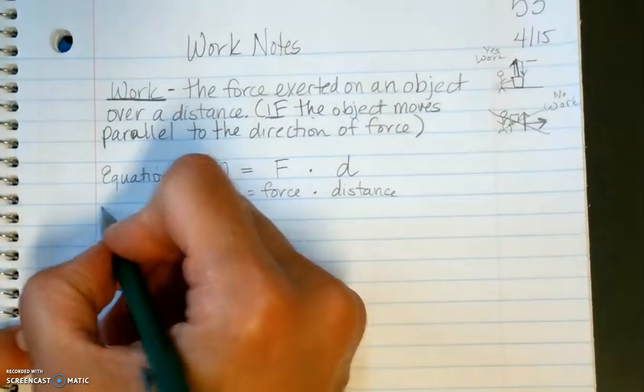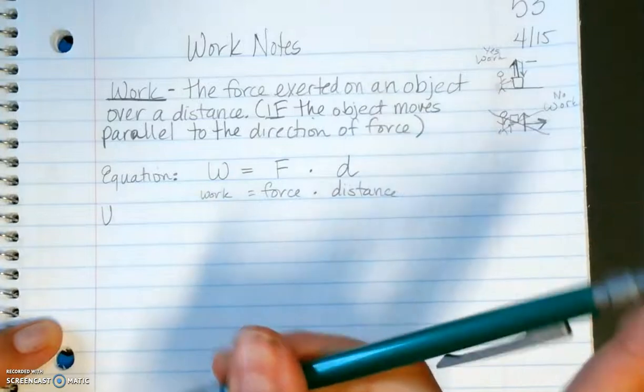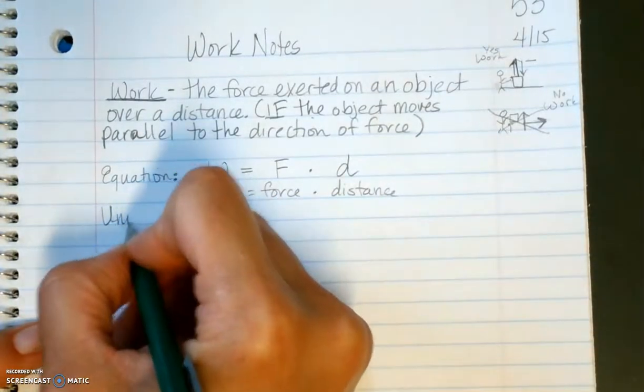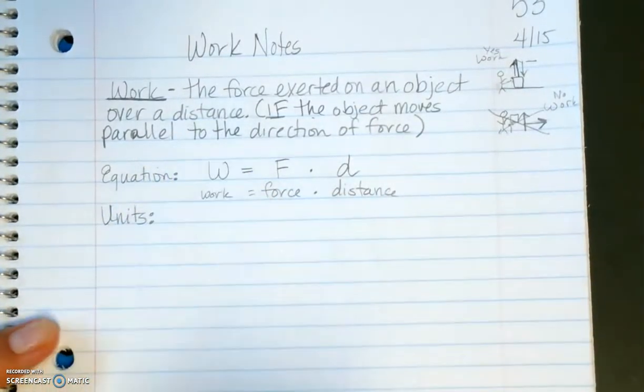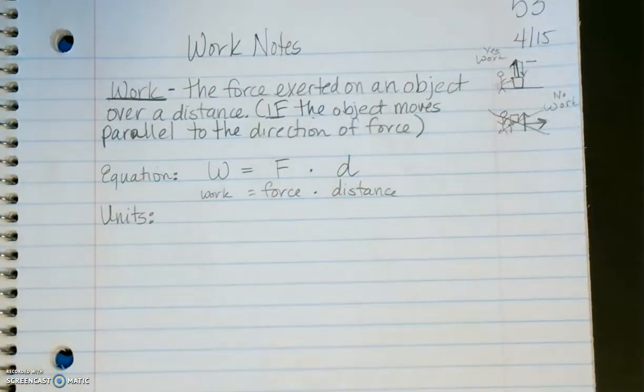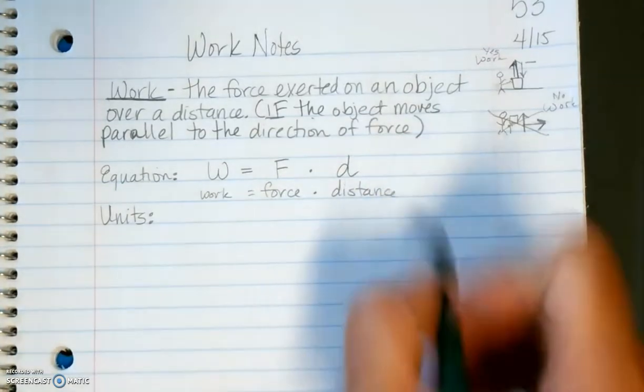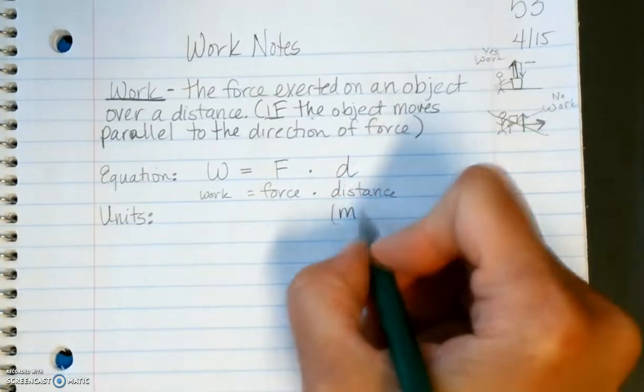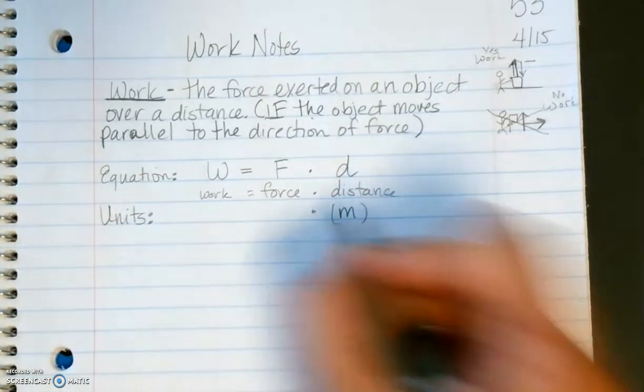So now let's talk about units. Our units are where we're going to relate it to energy that we've been talking about. I'm just going to break down what we already know. We've talked about distance a ton of times. Remember that distance is going to be a meter. We've also talked about force.